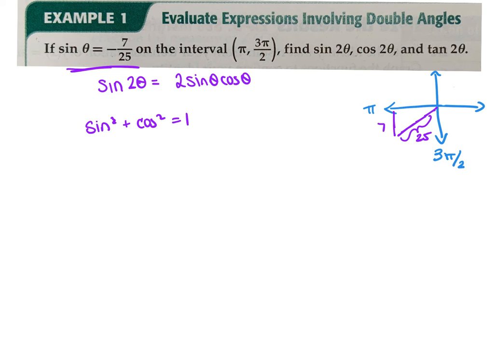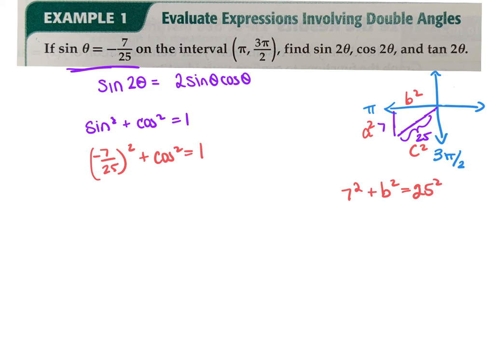You end up with an x of 24, by the way. If we do this, we would say negative 7 over 25 squared plus cosine squared equals 1. Or with a squared plus b squared equals c squared, it's 7 squared plus b squared equals 25 squared. 25 squared is 625. When you subtract and then square root, you get 24.